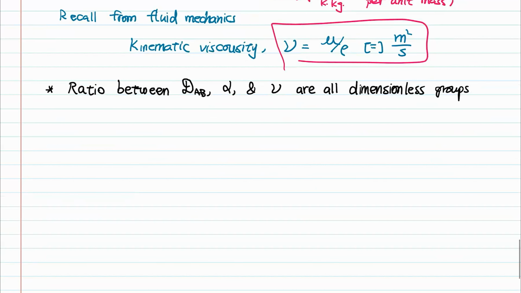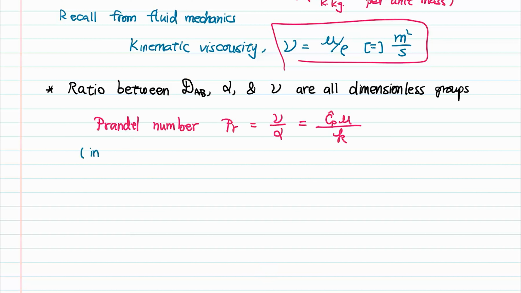So for example, in the future you will learn the Prandtl number, or maybe you've learned it before. The Prandtl number, which we use Pr to represent, equals the ratio of the kinematic viscosity over the thermal diffusivity. So it actually equals Cp mu over the thermal conductivity. Okay, so it's going to indicate the relative ease of momentum and energy transport in flow systems.